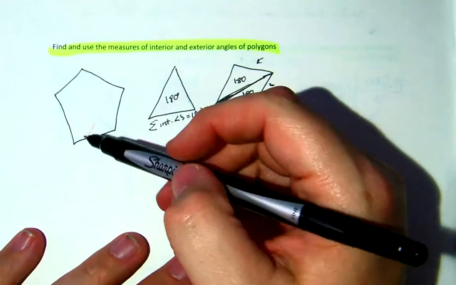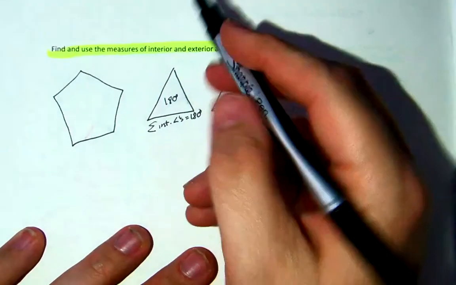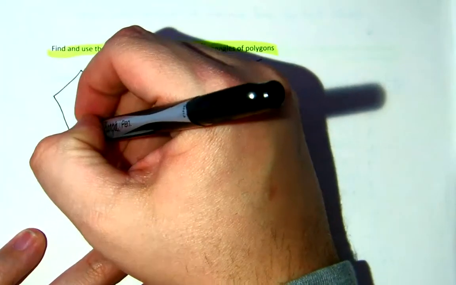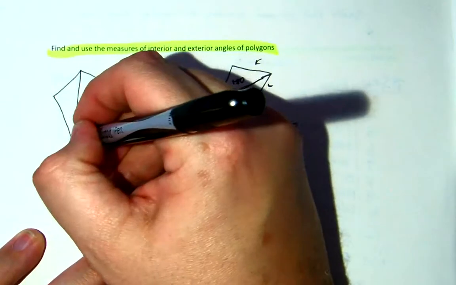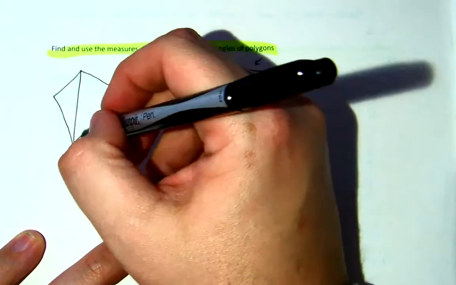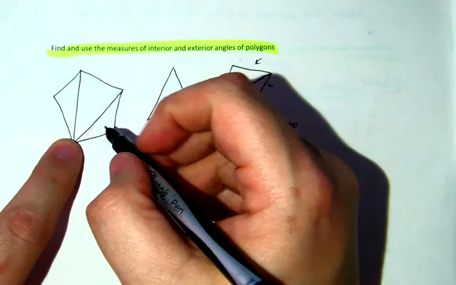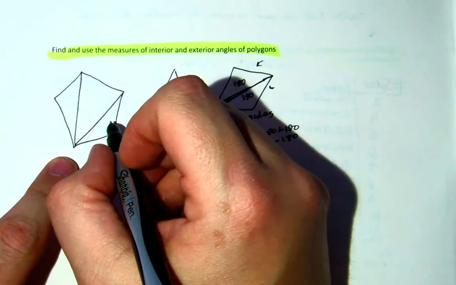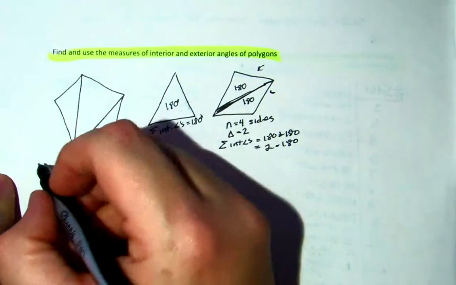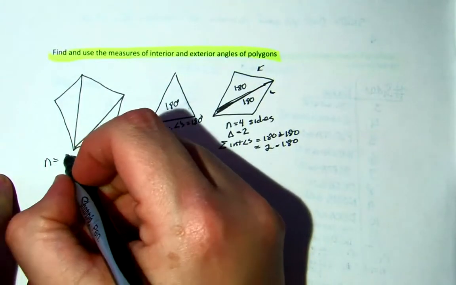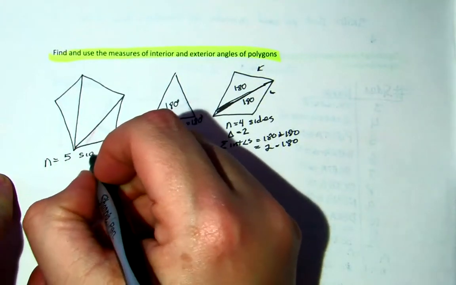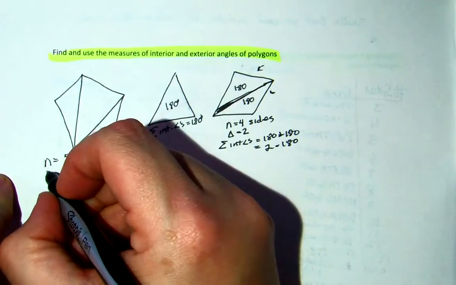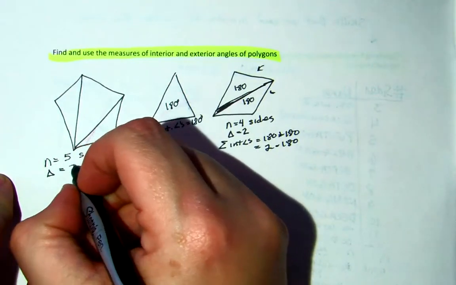Now, if I deal with the pentagon, I'm going to draw the diagonals from one vertex, and I see how many triangles I have. So I know my n is equal to 5 sides. I know my number of triangles is equal to 3.